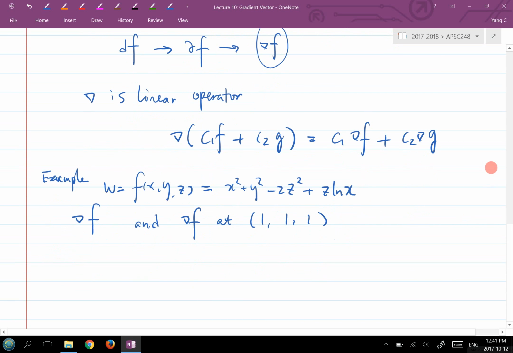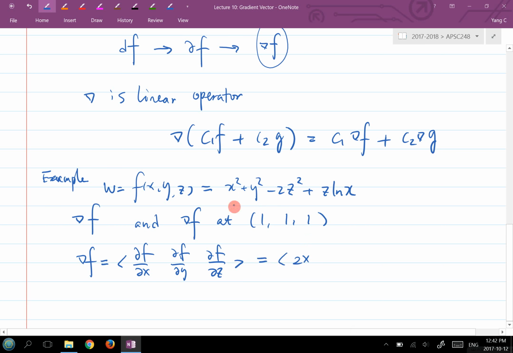This is very procedural, really no trick at all. Apply the formula. Gradient vector basically means you calculate 3 partial derivatives, and then you put them into this vector. It's quite straightforward. You have the w given here, so for the first partial derivative with respect to x, you treat everything else as a constant.